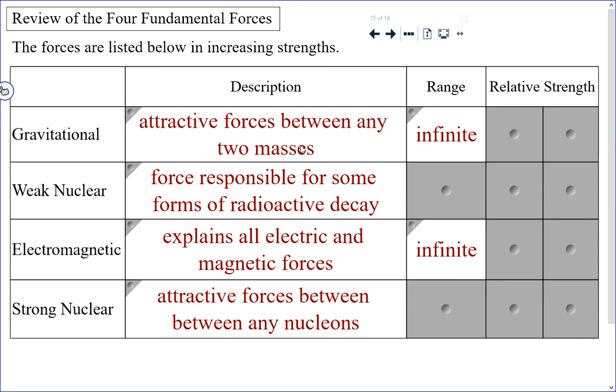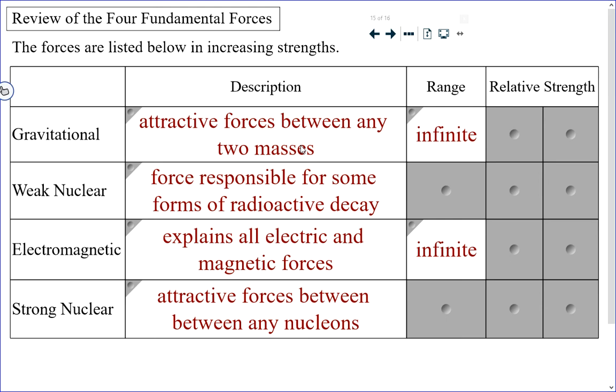What does that mean? It means that no matter how far apart 2 masses are, there will always be some attraction between them. No matter how far apart a magnet is from a magnetic material, there will still be some magnetic influence. These forces extend to infinite distances.